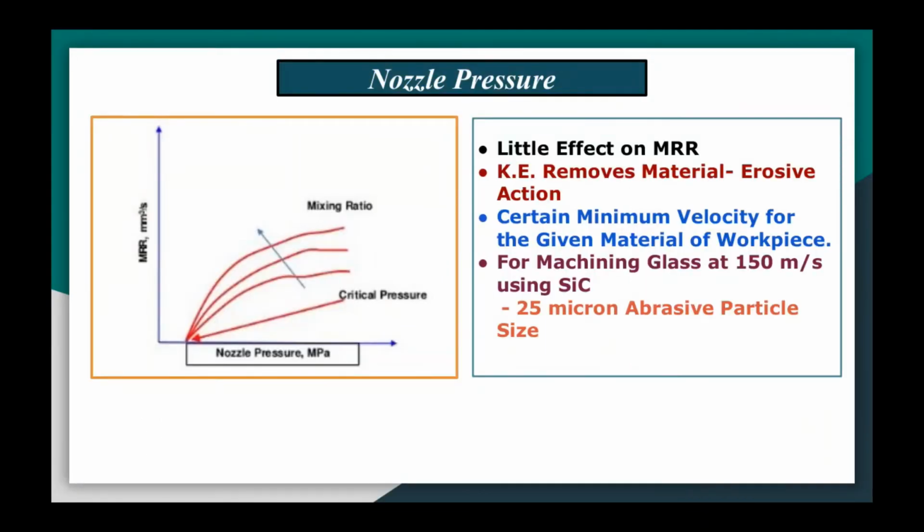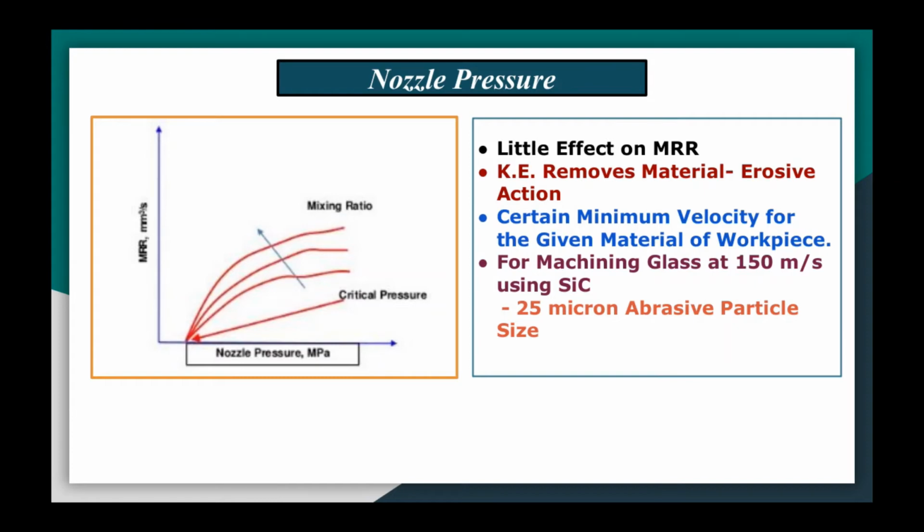Now nozzle pressure is another parameter which affects the MRR up to some extent. An important point to note here is the critical pressure. This is the minimum pressure needed for the start of removal of material, because unless an abrasive particle has a certain minimum kinetic energy, it cannot penetrate inside the workpiece surface.